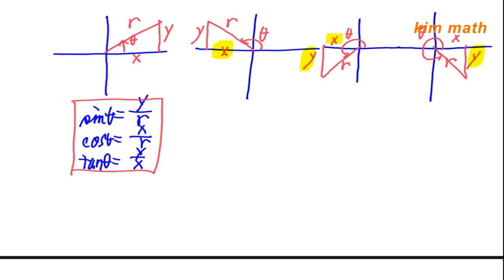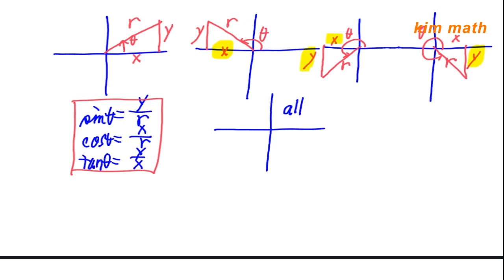So sometimes this may help to decide the sign of sine, cosine, and tangent. If your angle is in the first quadrant, everything is positive: sine positive, cosine positive, tangent positive.